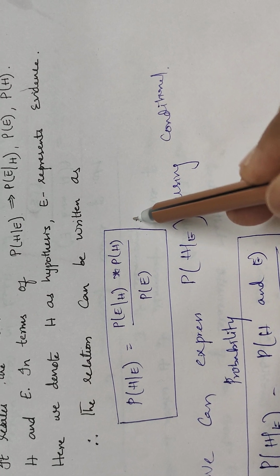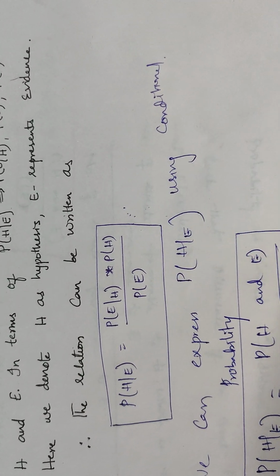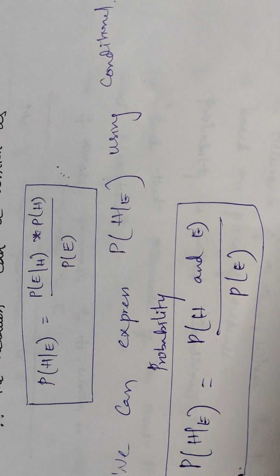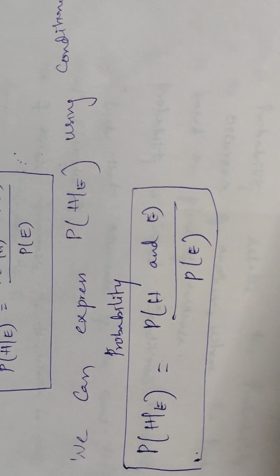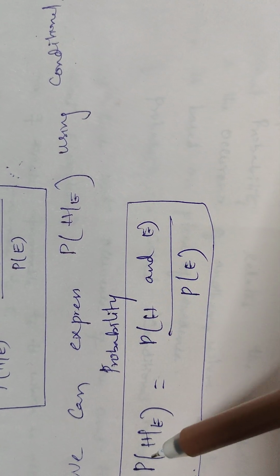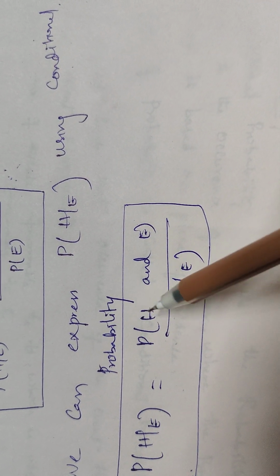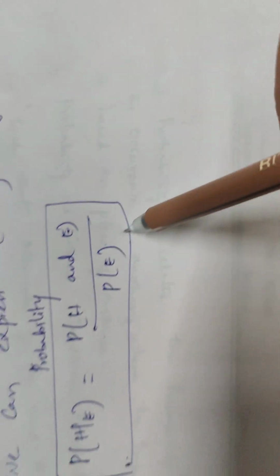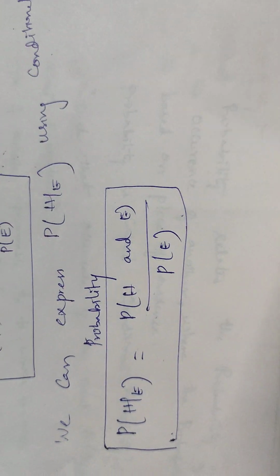We will be getting it out of our conditional probabilities. So we know that P of H given E, with respect to conditional probability, is equal to P of H and E divided by P of E. So we will be using this now.